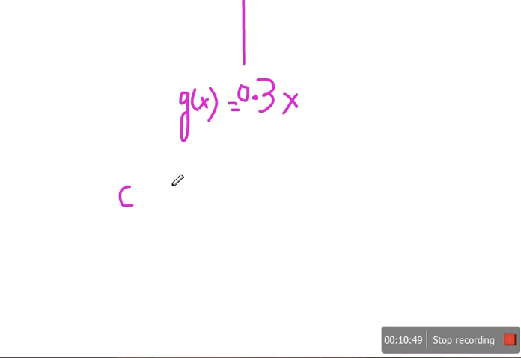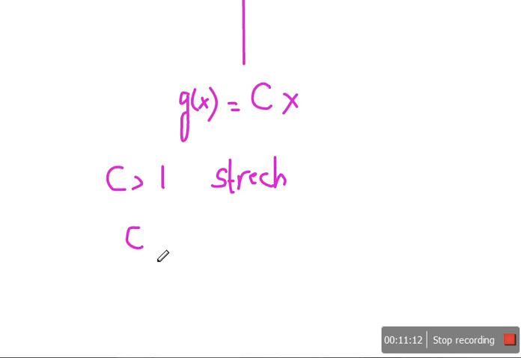Let me call the constant c. When the constant is greater than 1, like 1, 2, 3, then it would stretch. And when the constant is greater than 0 and less than 1, which can be a decimal like 0.1, 0.2, 0.3, then it would compress.